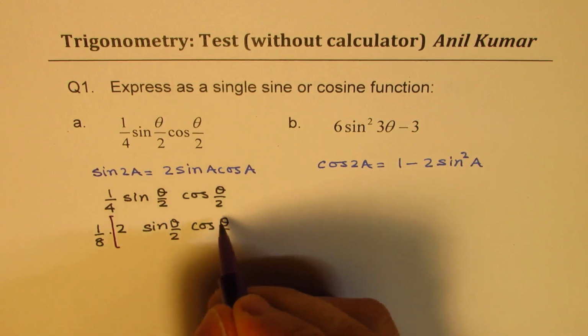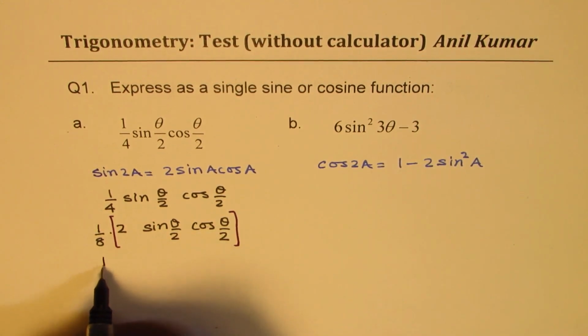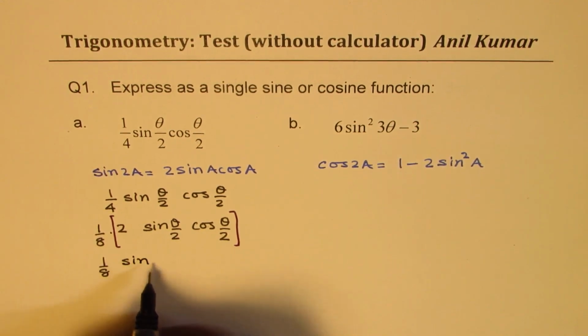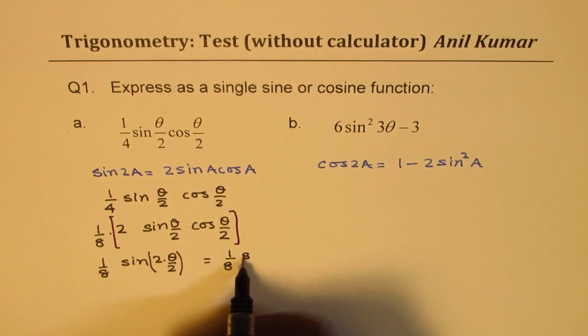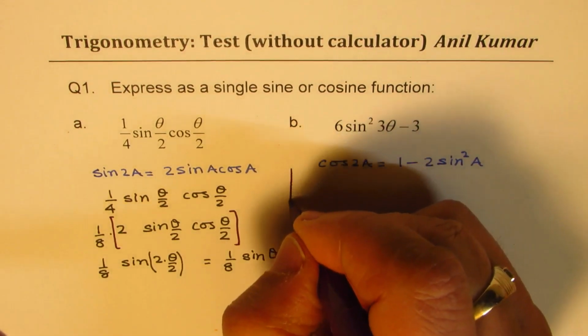So think like this. It becomes simpler, right? So we have 1 over 8 sine twice this angle, right? So 2 times theta by 2. So that gives you 1 over 8 sine theta as the result. Perfect. So these are all the steps involved.